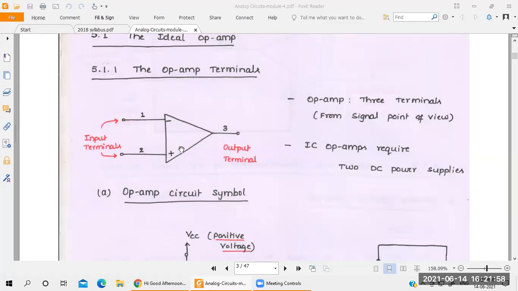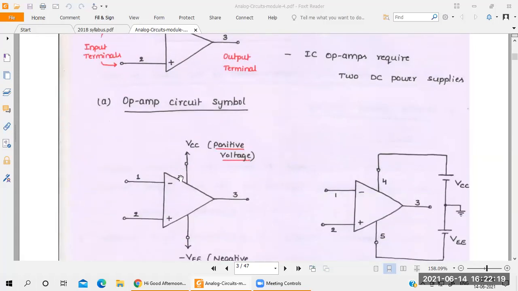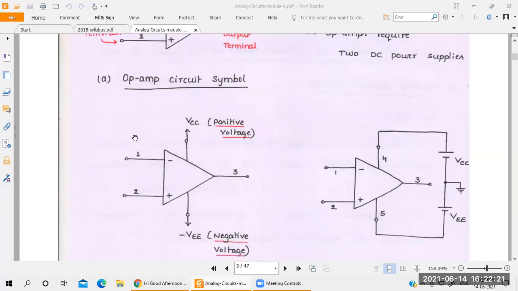Understood? So this op-amp, it will take DC voltage for the conduction. Remember this one. This op-amp, it will take DC voltage for the conduction. Understood? See here, you take one more circuit diagram here.